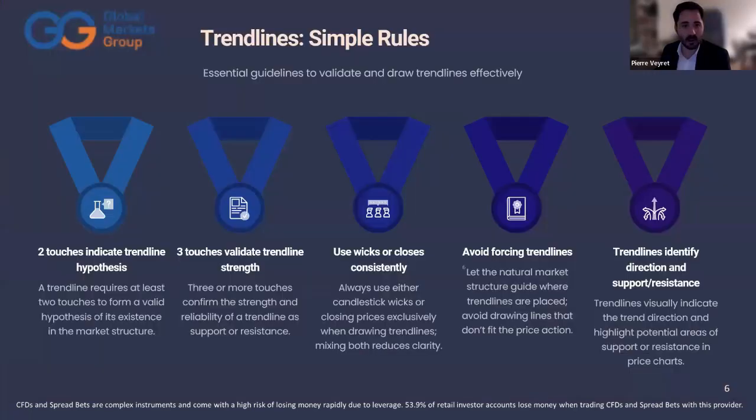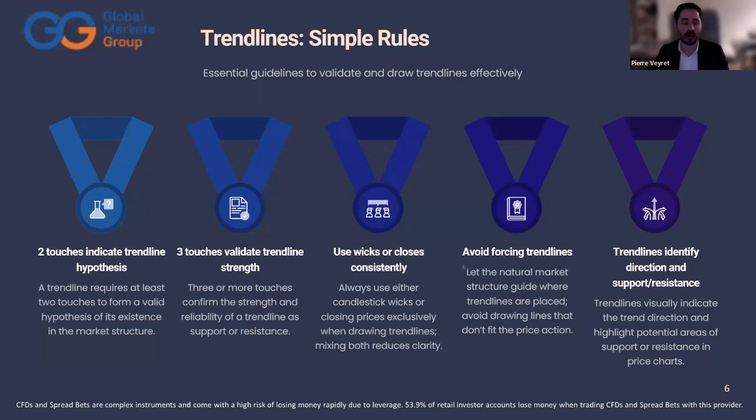All right, now we're going to move to trend lines, if you don't have any questions. I'm going to be quick with this one. A valid trend line needs at least 2 touches to form a hypothesis, and 3 touches for stronger validation. Some traders only use trend lines with 3 touches.